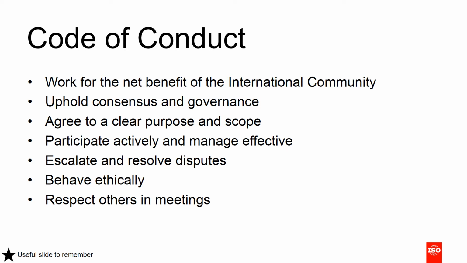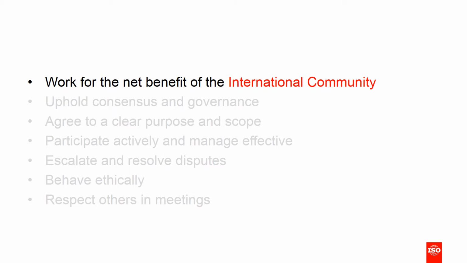So some of the key clauses: we recognize that the development of international standards is for the benefit, first and foremost, of the international community, because we're working at ISO. So ISO works at the international level. There are other organizations working at the regional or the national level, but ISO works at the international level.